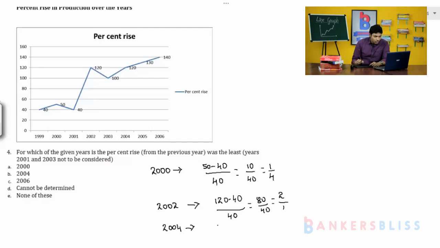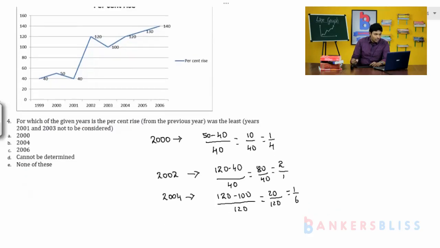See here, 120 minus 100 divided by 120, which is equal to 20 by 120, which is equal to 1 by 6. 2 6s are 12, so 1 by 6. Now 2005 data you take. So 2005, so 120 to 130, so 10 is increased.